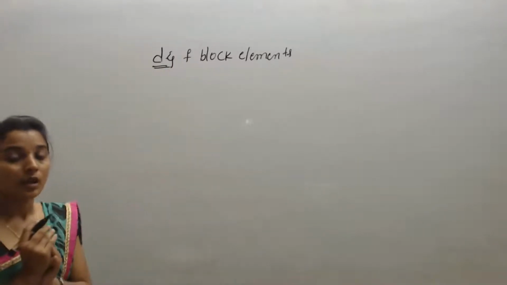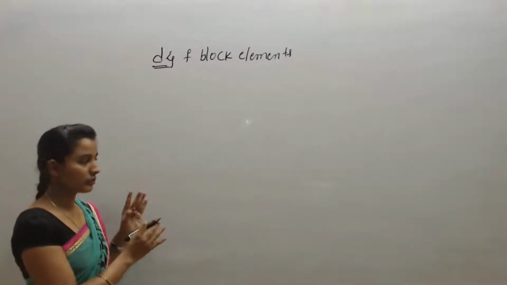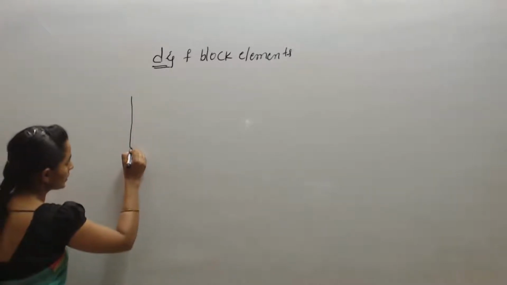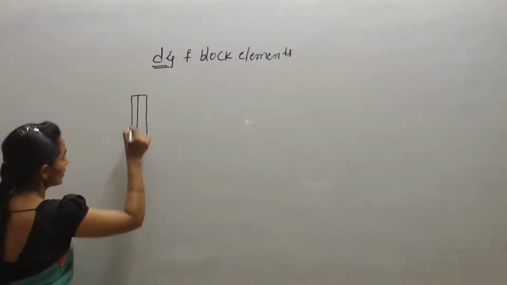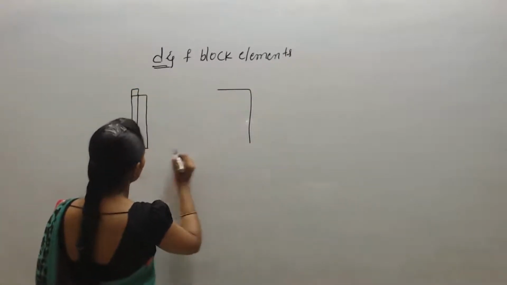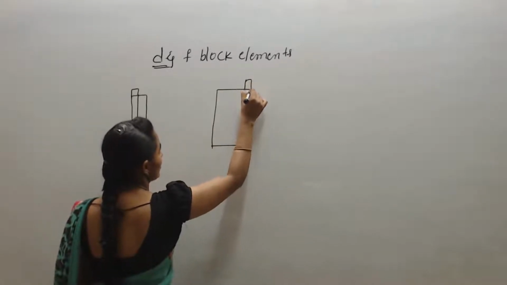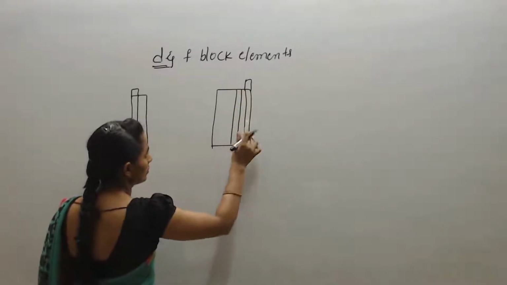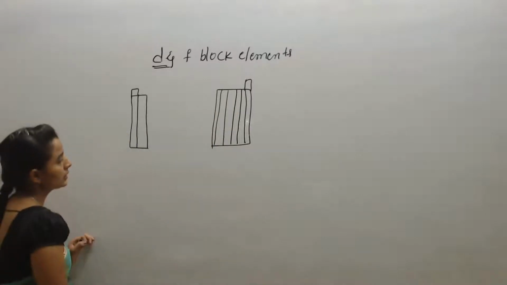So listen, why are the elements called D block elements? For example, in the periodic table, here two S blocks are there, correct? Here the P block is there. This is the noble gas group.